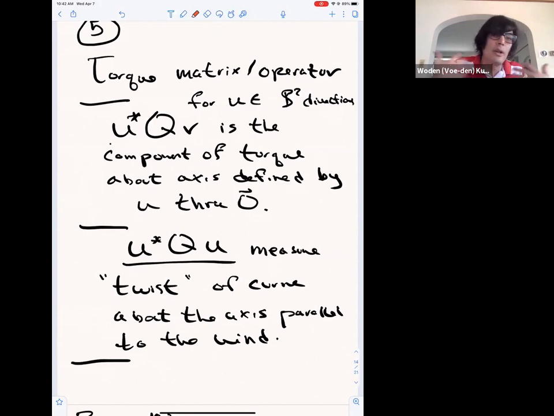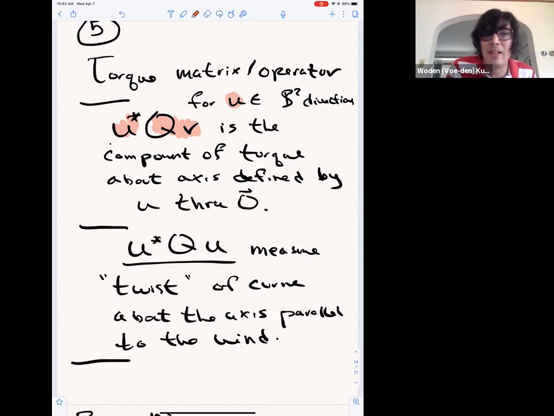And we can interpret this as a quadratic form, and it's going to measure the component, extracting the component of the torque from a particular vector field in a particular direction. If we take the torque around the origin and dot it with a unit vector, that's the component of that torque in the unit vector's direction.